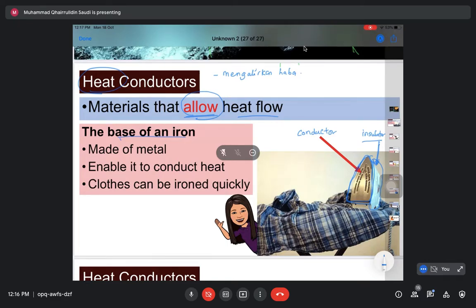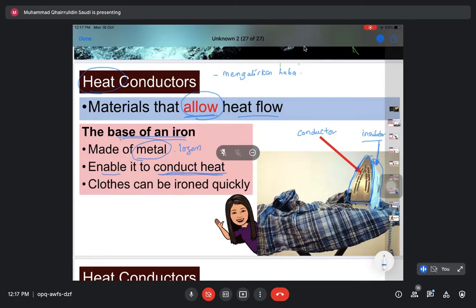So the base of an iron is selalunya a conductor, made of metal. Logam selalunya dapat mengalirkan haba dengan baik. It is a good conductor of heat and electricity. So when it is a heat conductor, it can conduct heat, dia boleh mengalirkan haba.